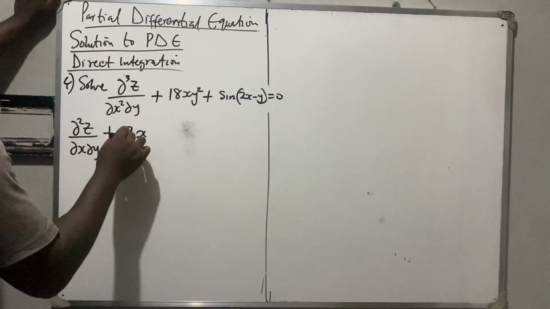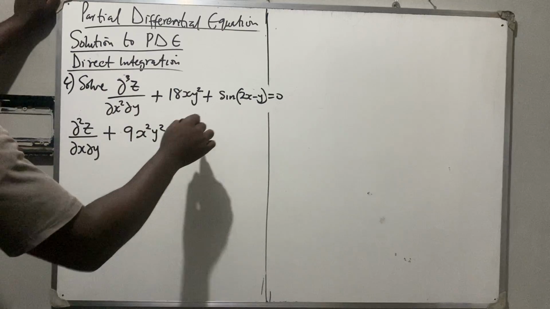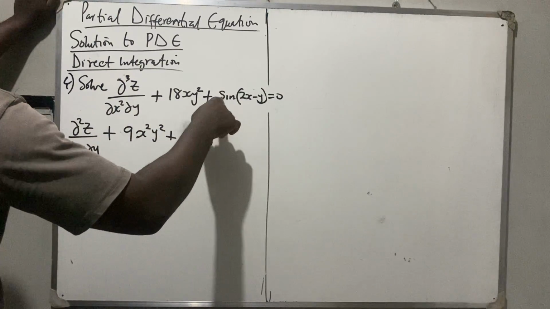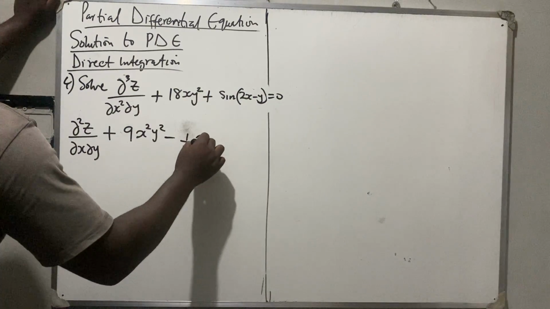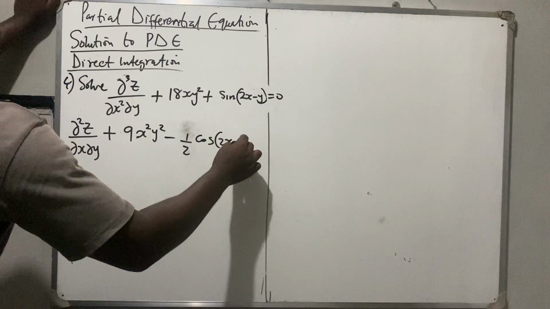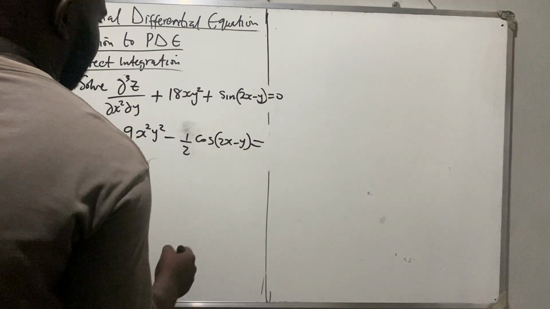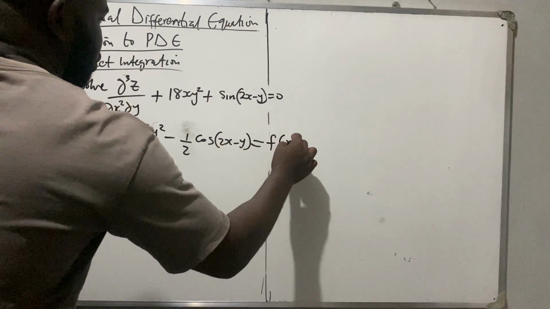So this is 9x squared y squared, plus, the integral of sine something is minus cos that thing. So minus cos of 2x minus y, is equal to a function of y, because I integrated with respect to x.